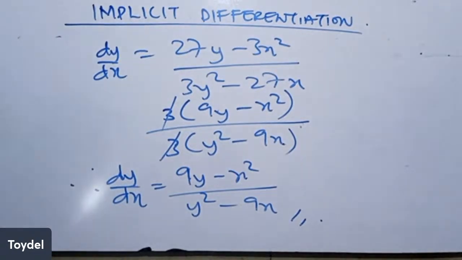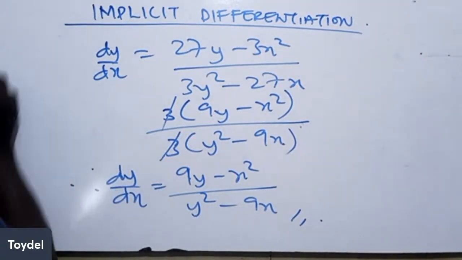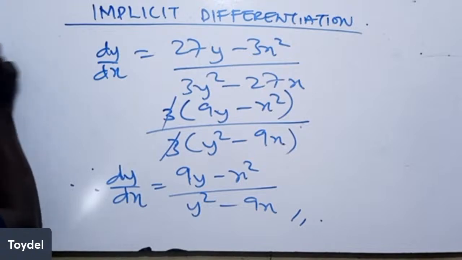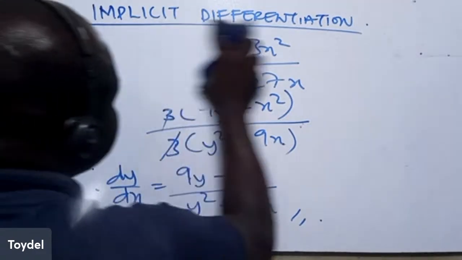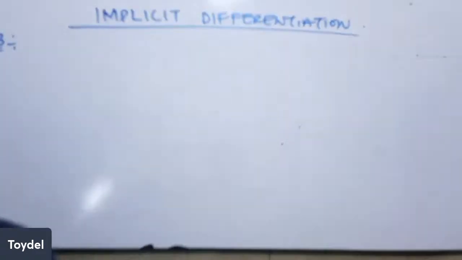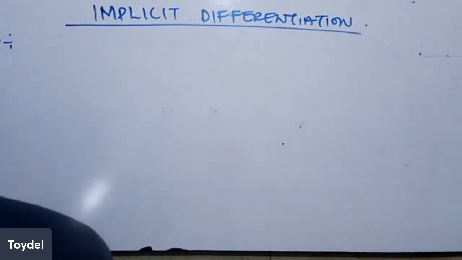So I'm going to take one more example under implicit differentiation. That will be example 3 before we close the class. So I will take the third example. Let's take another example under implicit differentiation.